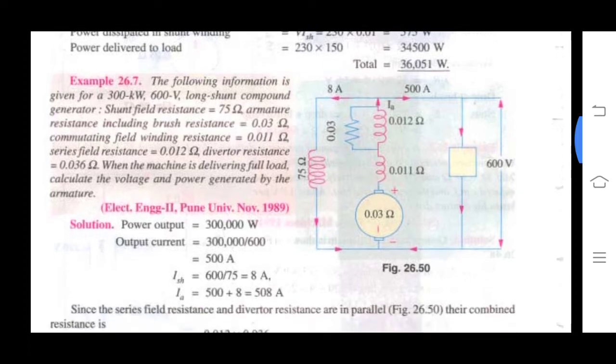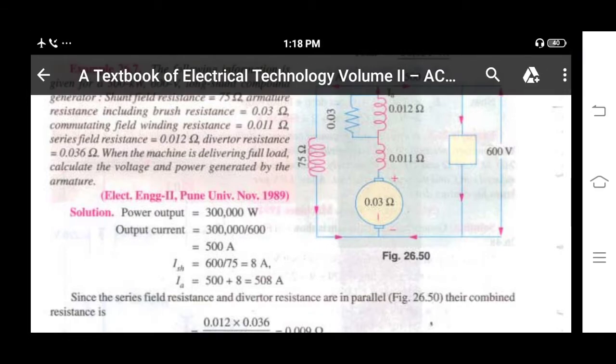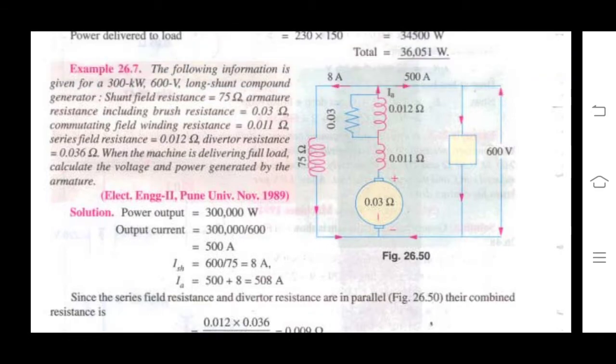Commutating field winding resistance is 0.11. Series field resistance is 0.12 and diverter resistance is 0.36. Here we can simply identify that the diverter resistance is in parallel to the series field, but the commutating field winding is always in series with the armature winding.